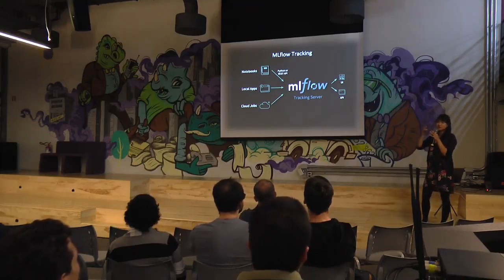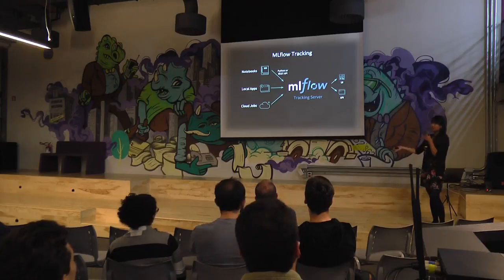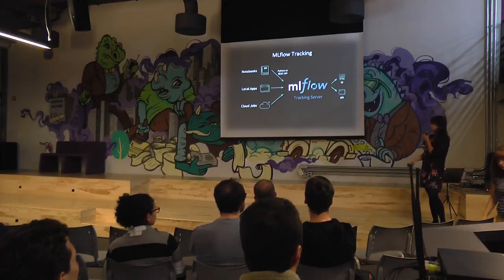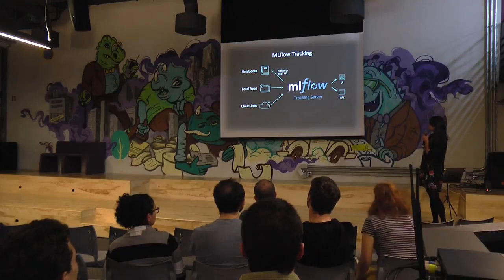Just go to your browser and look at localhost, and you can have your own laptop version of MLflow there. Or you can launch it on, say, EC2 on AWS and have it for the whole team. And then from MLflow, we have a UI in the browser for you to consume the results, or you have an API to query and look at the results there as well. So that's tracking.